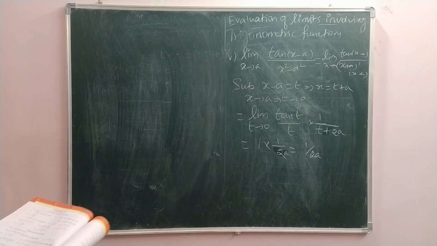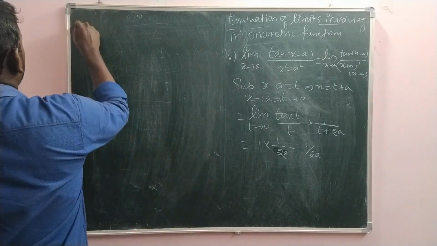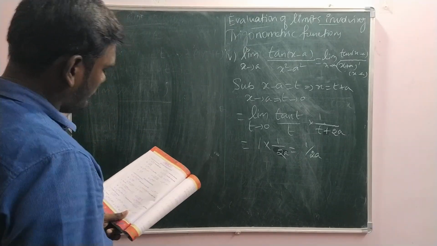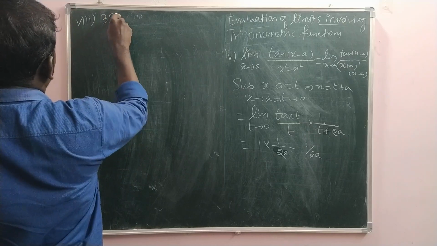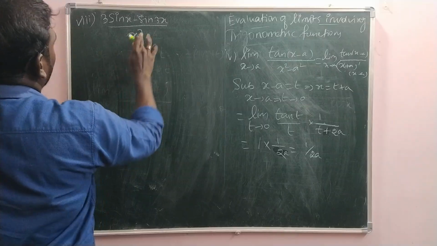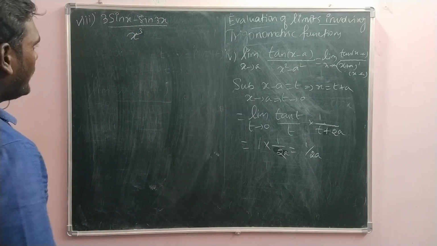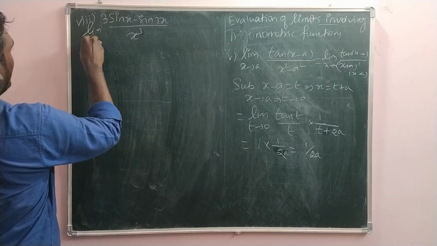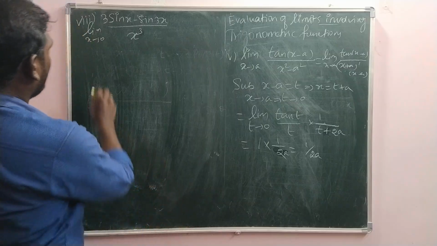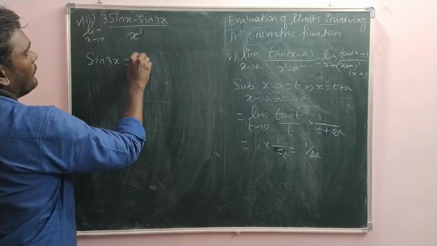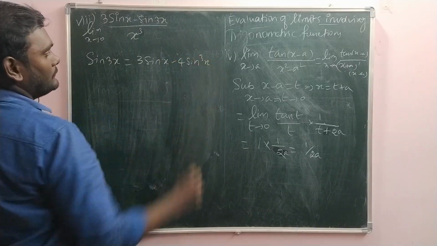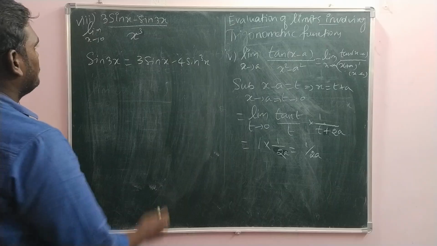And then eighth one. See, what is sin 3x formula? Limit x tends to 0. Sin 3x formula is 3 sin x minus 4 sin cube x. Okay, that we should substitute there.